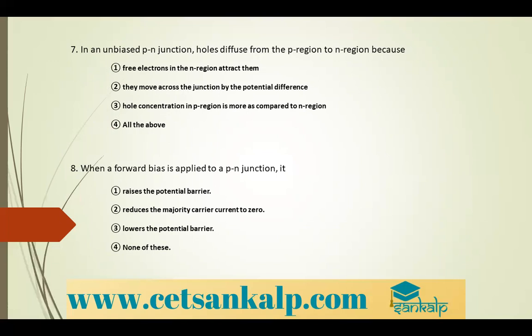In an unbiased PN junction, holes diffuse from P region to N region because hole concentration in P region is more as compared to N. When a forward bias is applied to a PN junction, it lowers the potential barrier.